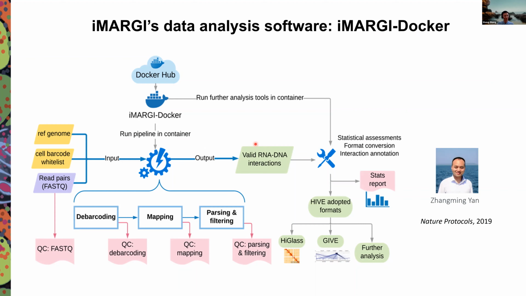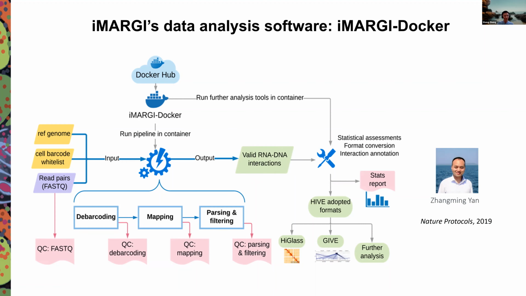It will take the reference genome, and it will take the MARGI read pairs. Currently, we are also developing a single-cell version of this, so there's a cell barcode in there. It takes this as input, and eventually it will generate the RNA-DNA interaction pairs, which can be plugged into other visualization software.